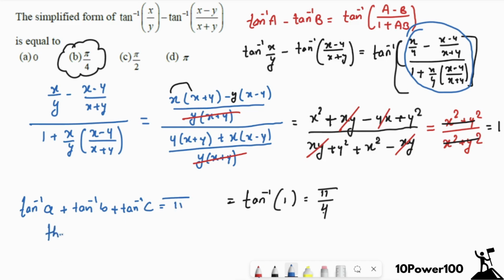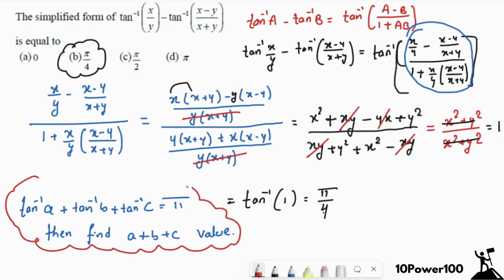Then find A plus B plus C value. Here I have not given the options. So try it out, use the same formula. This is the same procedure that we are going to use to solve this problem. Try it out, and if you get a solution, please comment that in the comment section.